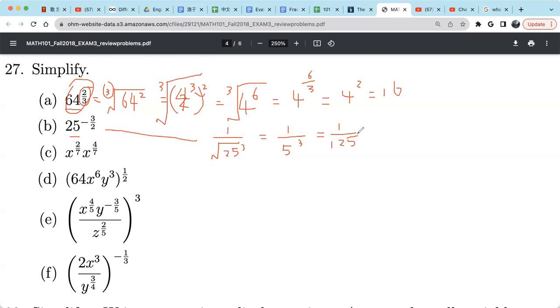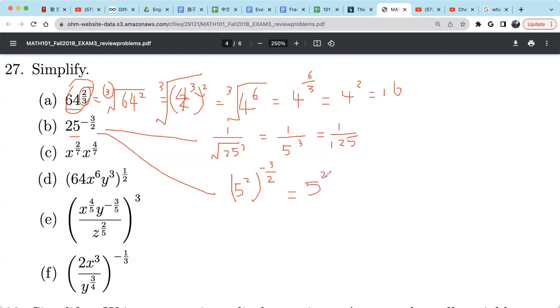Another way we could do it is from the very beginning, we rewrite 25 as 5 squared. Then 5 squared being raised by negative 3 halves. We have 2 layers of exponents. What do we do with 2 layers of exponents? We multiply them.